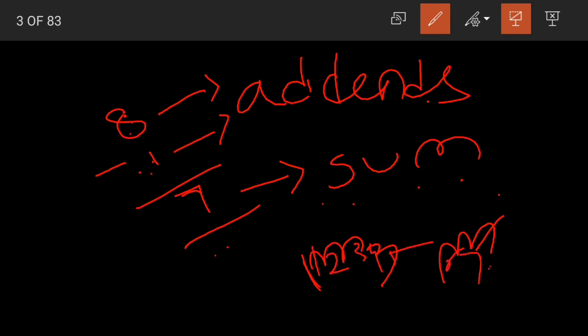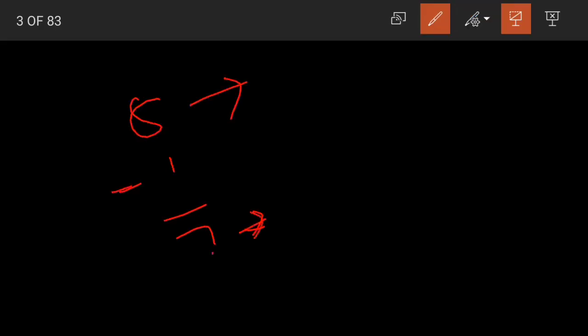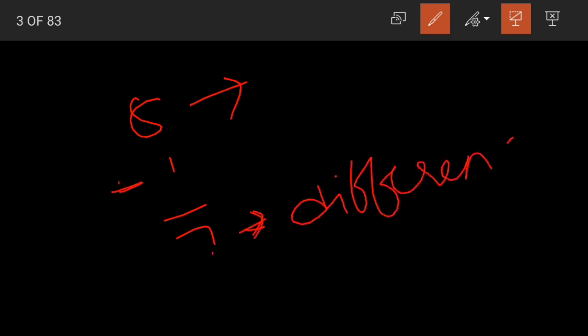So 8 minus 1 is 7. Yes children, in such a case, 8 minus 1 is equals to 7. Now 7, which is the answer we got from subtraction, is called as our difference. What is it called children? The answer we get from subtraction, that is 7 here, is called as the difference.